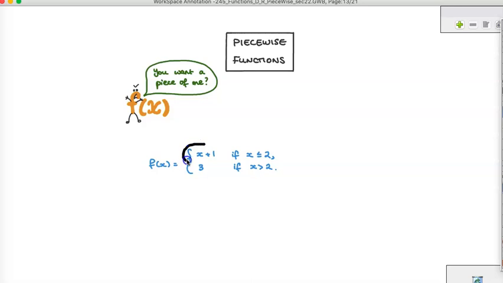Here you have x plus 1, which is a linear function, for x less than or equal to 2. And then you have f of x equals 3 if x is greater than 2.